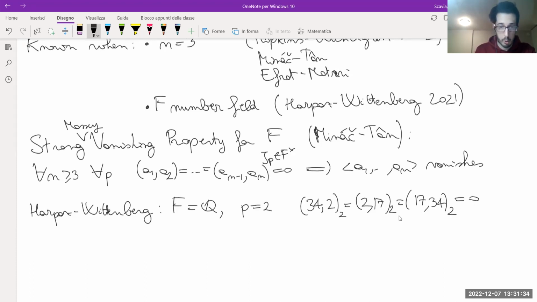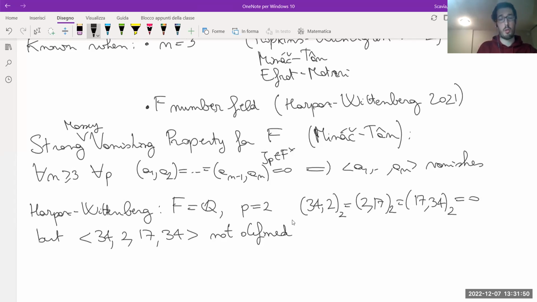These are all zero in the Brauer group of Q, but if you consider this Massey product (34, 2, 17, 34), this is not defined. So it's also non-vanishing: it's not defined and therefore not vanishing.